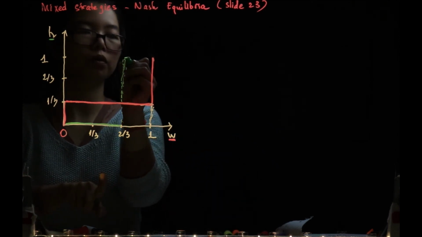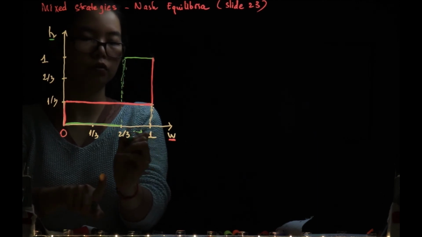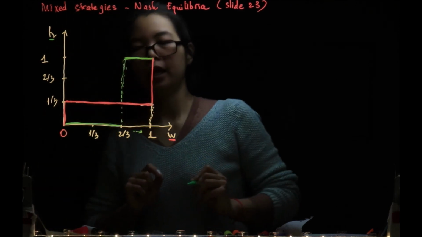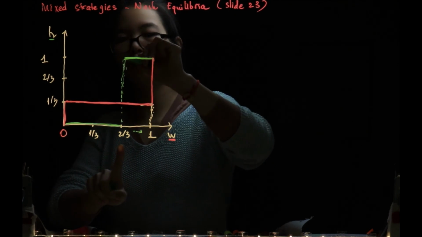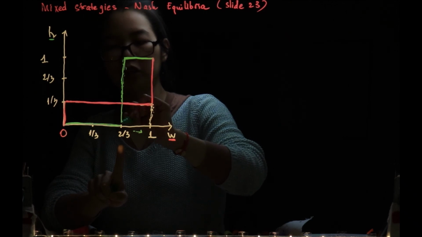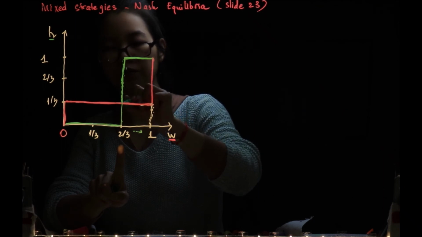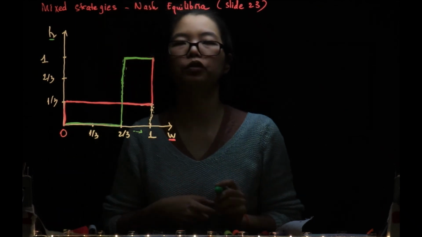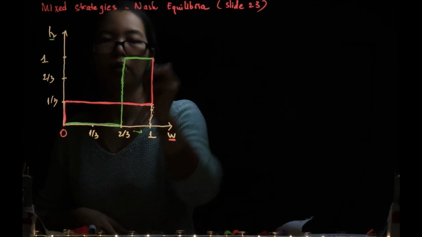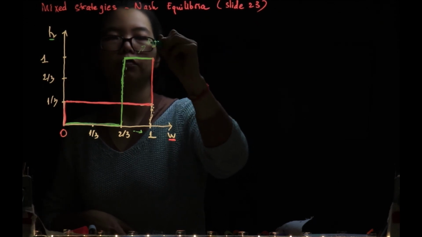So on the range where W is larger than 2/3, H is 1, the second part. And similarly, when W is 2/3, he's indifferent, meaning H could fall at any value between 0 and 1 without changing his expected payoff. So that is the best response function of the husband.